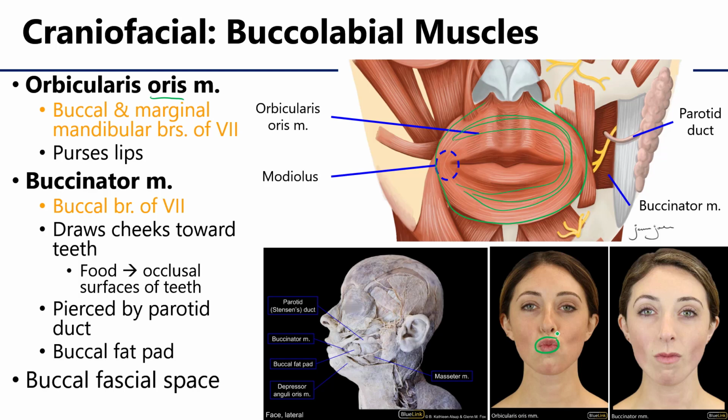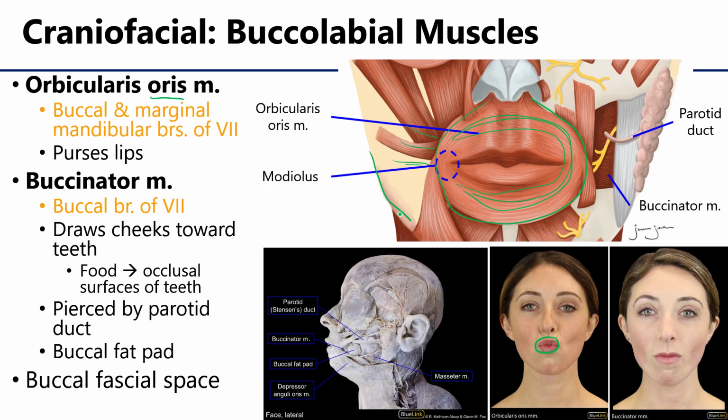Let's see. Orbicularis oris is innervated by both buccal and a new branch of the facial nerve to us in this video, the marginal mandibular. So recall the buccal branches head out this way. The marginal mandibular branch is heading out along that inferior margin of the mandible. So that is exquisitely well named.